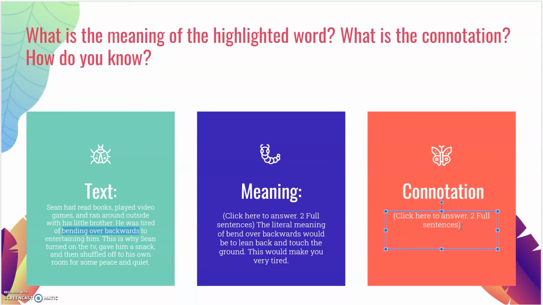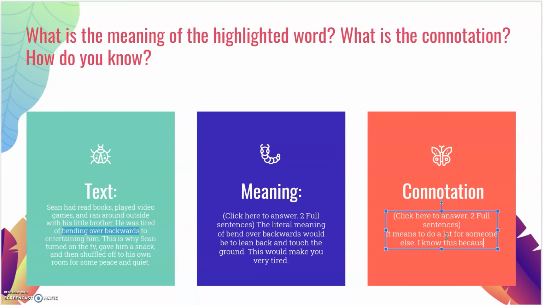The connotation. So I know that we're not actually bending over backwards, but he did all of these things for his little brother, right? All to entertain him, right? And so he did all this stuff to entertain him, and so it means to do a lot for someone else.